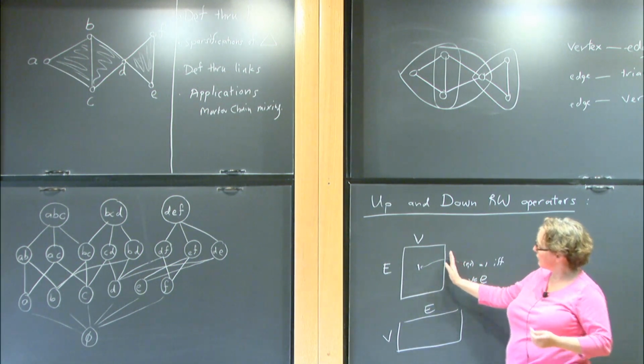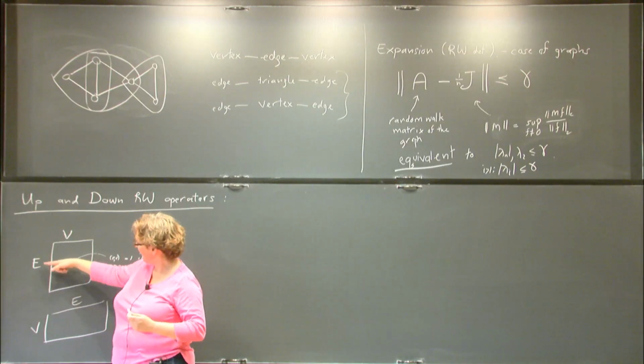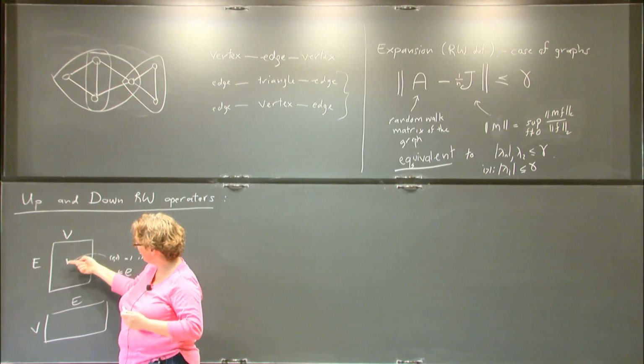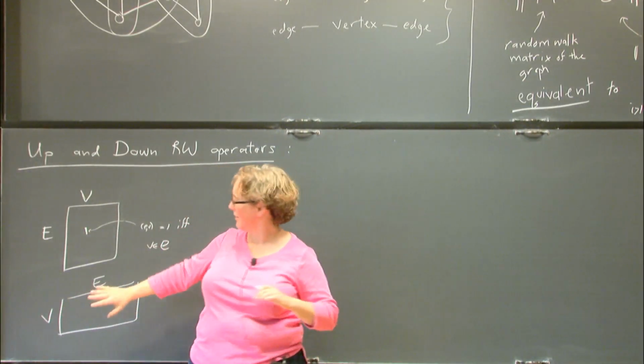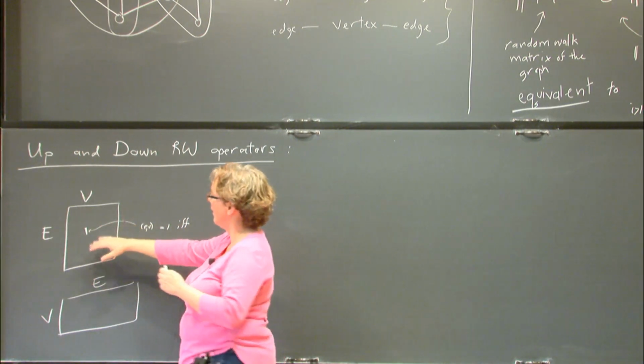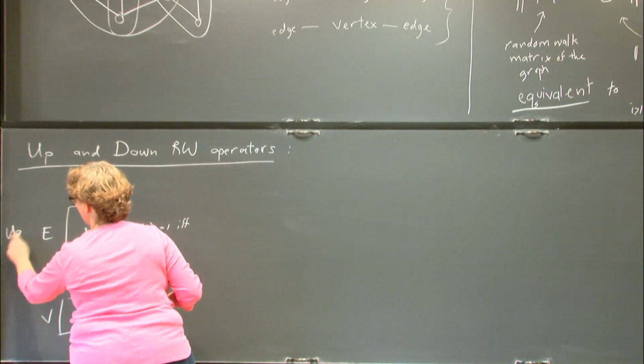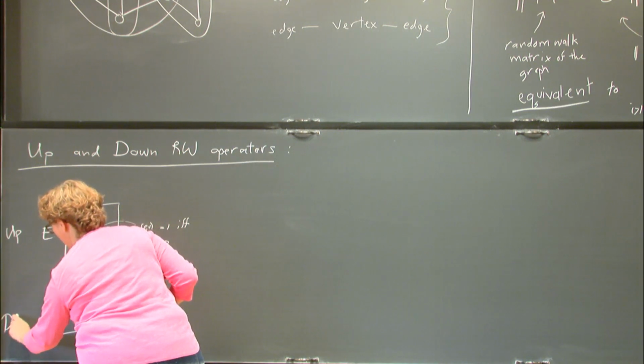But if I want to view it as a random walk matrix, I need the row sums to be 1. So here I will normalize by 1/2, and here I will normalize by the degree. So up to a scalar, it's the up and down. This is the up operator, and this is the down operator.